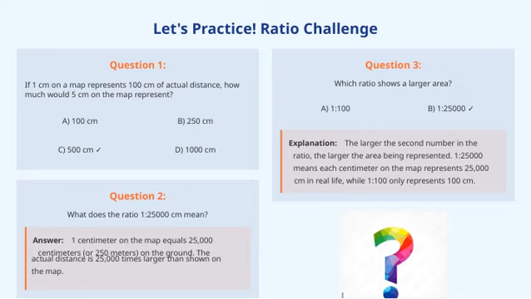So 1:25,000 means each centimeter on the map stands for 25,000 centimeters in real life, covering a much bigger area than 1:100, which only represents 100 centimeters. Overall, these questions help us see how ratios communicate the relationship between map distances and real-world measurements, especially when we're dealing with large areas or distances.